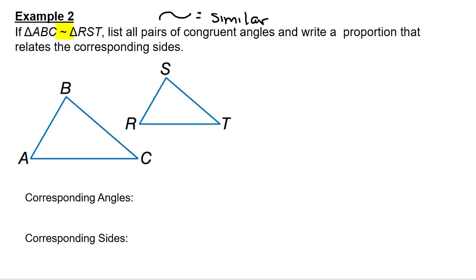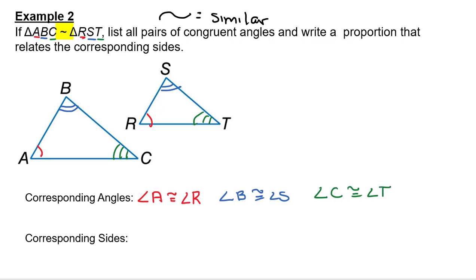So corresponding angles: A corresponds to R, so I know A is congruent to R. Then we have B, the second letter, corresponds to S, so B is congruent to angle S. And lastly, C and T, so C is going to be congruent to T. That's very similar to what we did with congruent triangles.